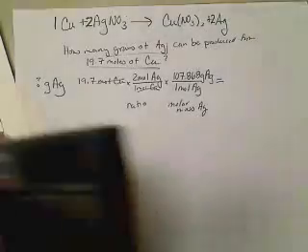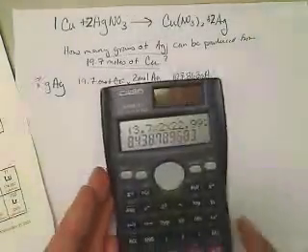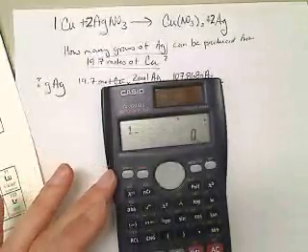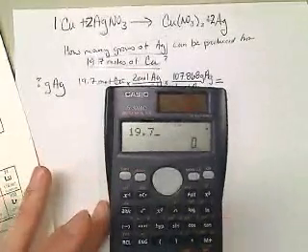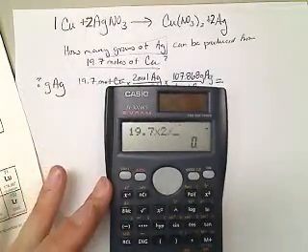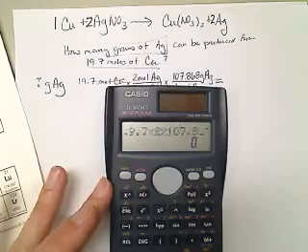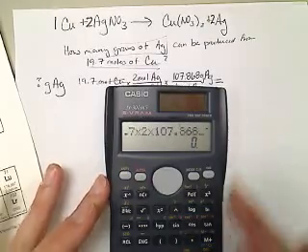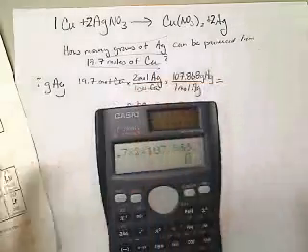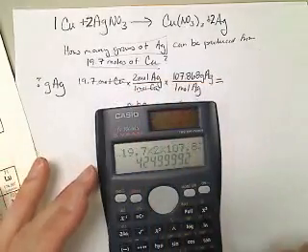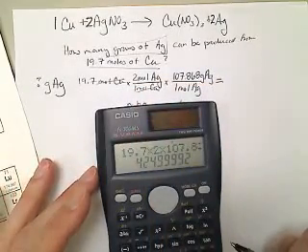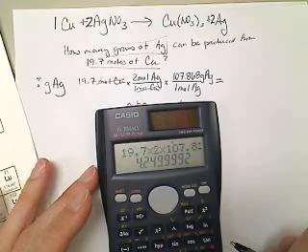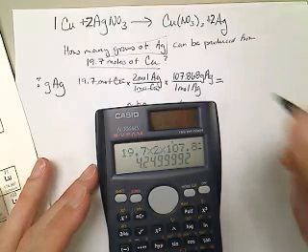So now the next step is just multiply everything across the top, divide by the bottom. So I have 19.7 times 2 times 107.868. And it's going to be divided by 1 times 1 times 1, so we don't care. Is that right? Yeah, that's a big number.